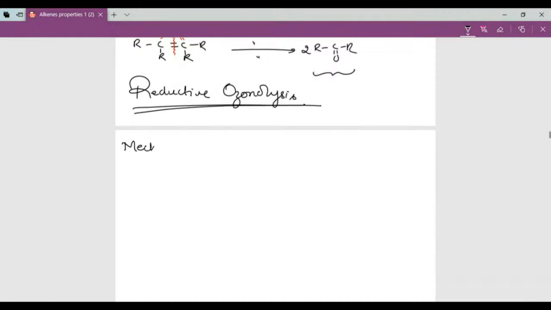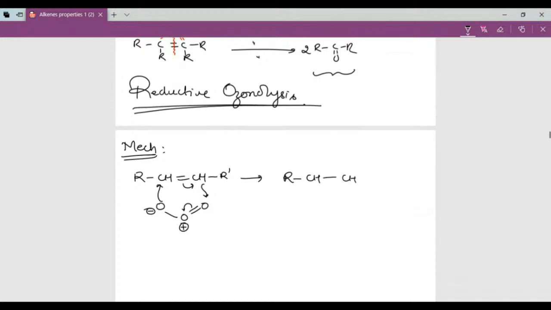So, for those who are interested in the mechanism or for advanced, let me tell you how it proceeds. First, RCH=CHR' is formed. Now, as you all know, ozone is a 1,3-dipolar ion. Ozone behaves as a 1,3-dipolar ion. So here is how a cyclic addition of ozone on our alkene takes place.